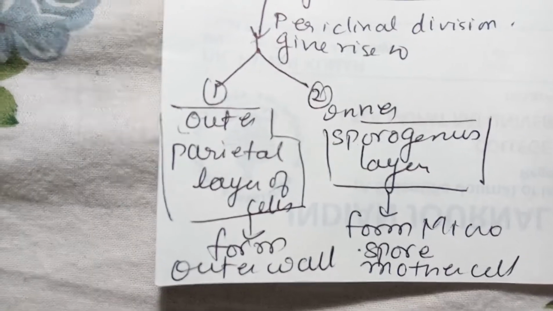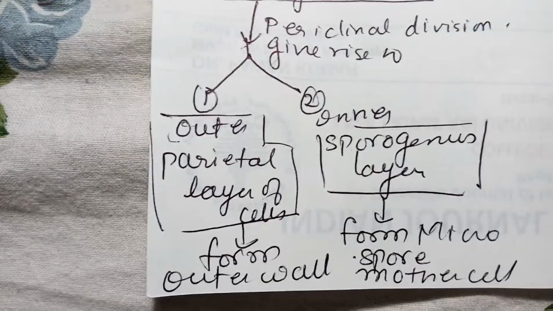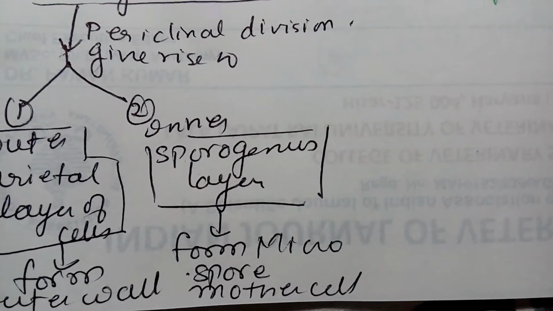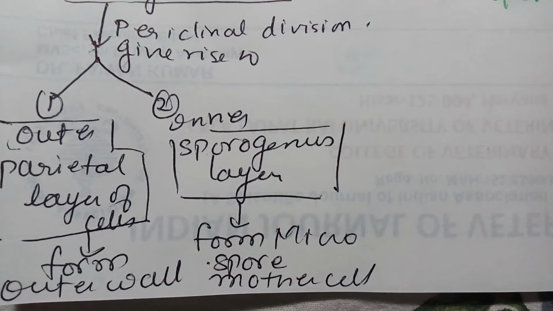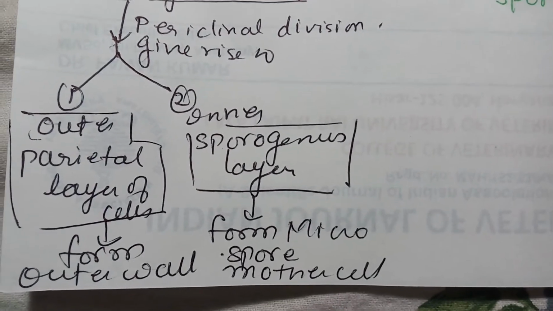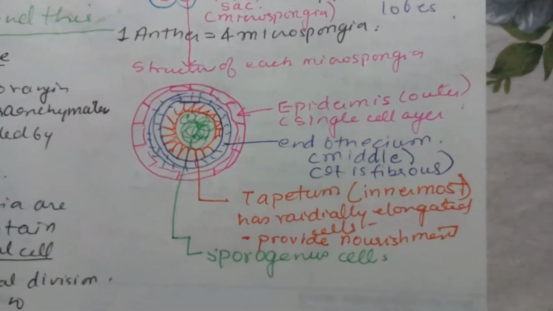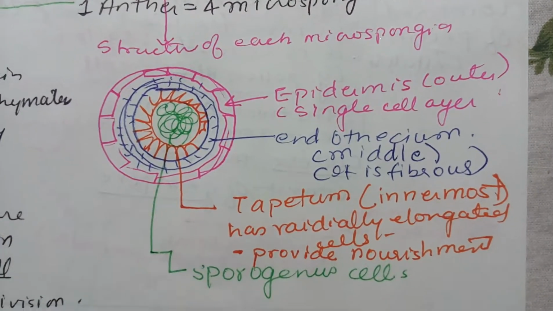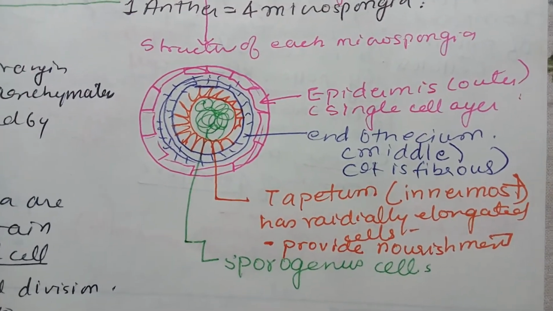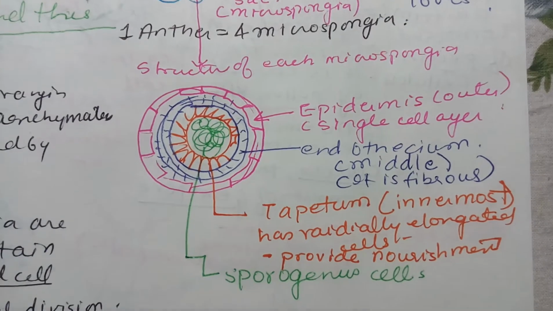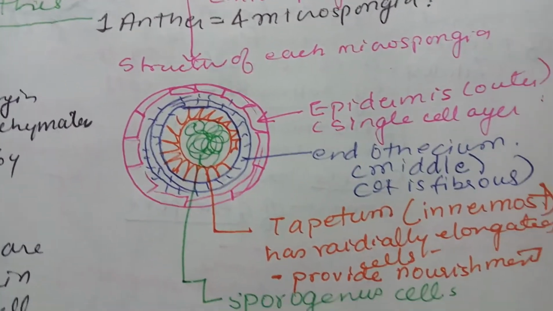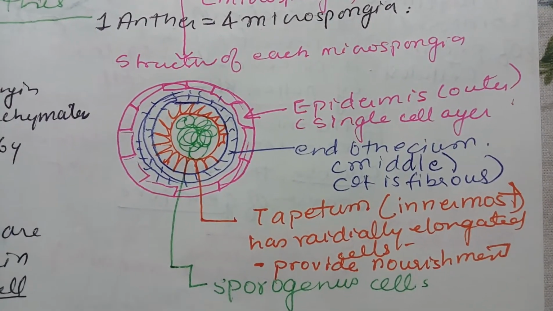Parietal cells form the outer wall, and sporogenous cells form the microspore mother cell, which later on forms the microspore. Now if you look at the structure of mature microsporangia, the outer layer, the parietal cells, actually forms 3 different sublayers. The outer one, you can see, is a single layer epidermis.